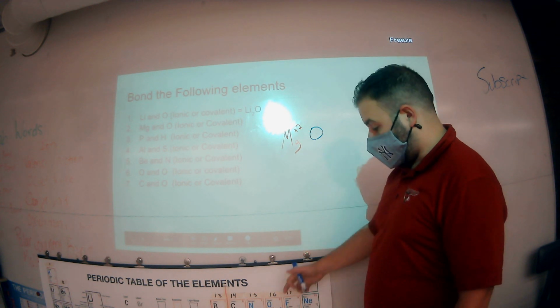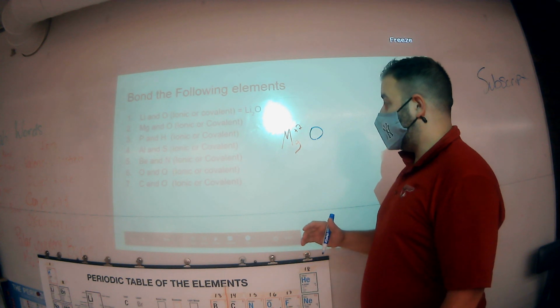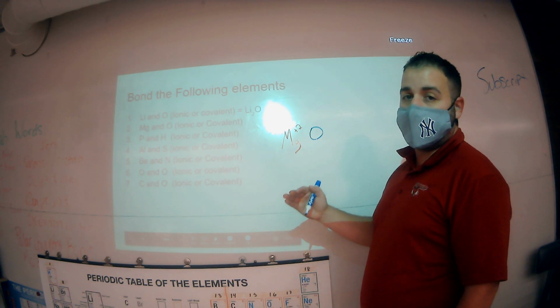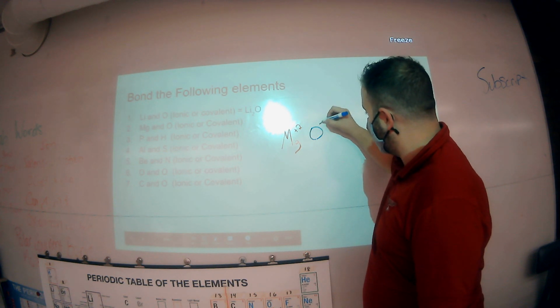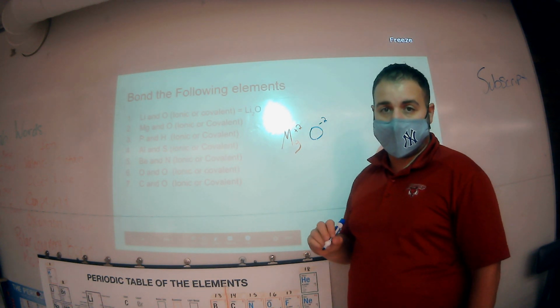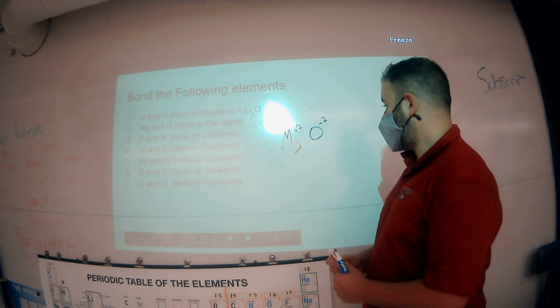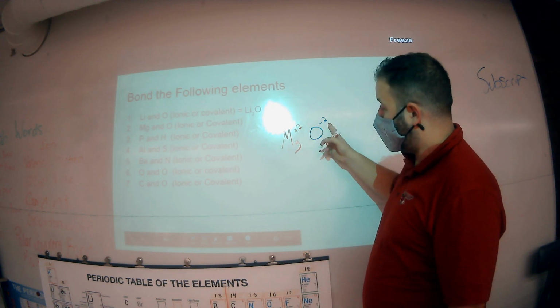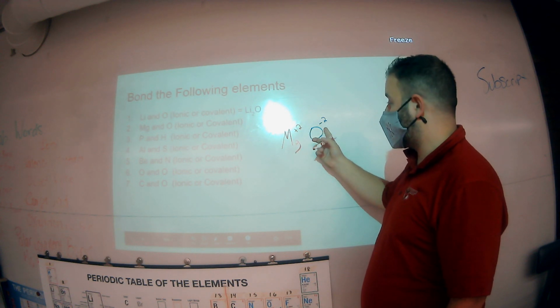Oxygen in group 16 has 6 valence electrons and is willing to gain 2 more negative electrons, giving its oxidation -2. So using the crisscross method, you should see one thing right away: that +2, -2 already makes a neutral molecule.